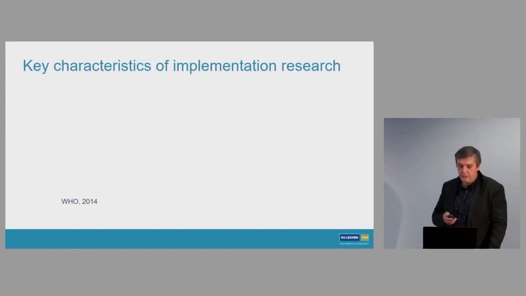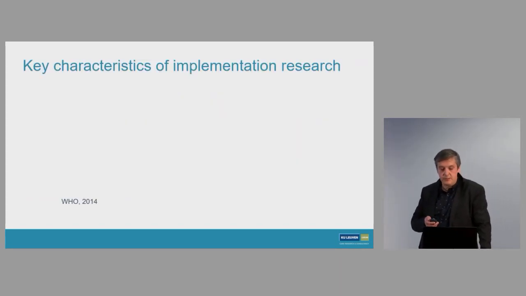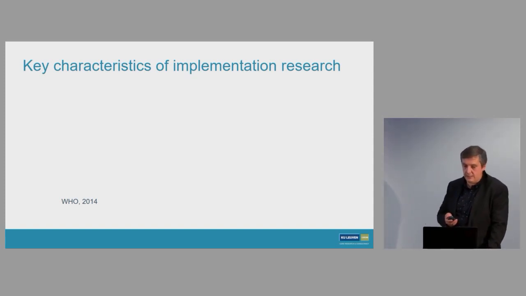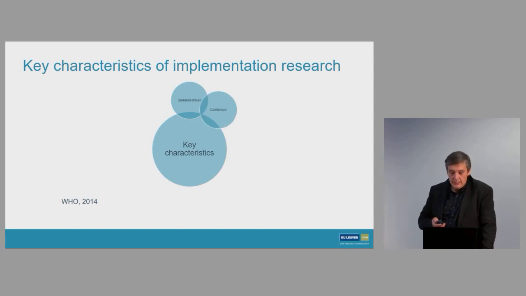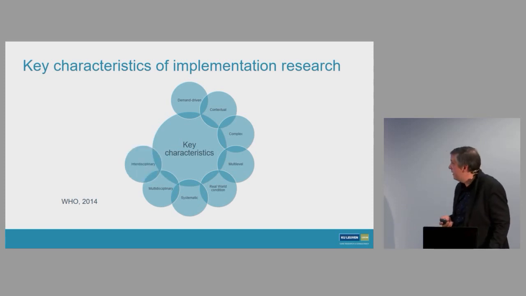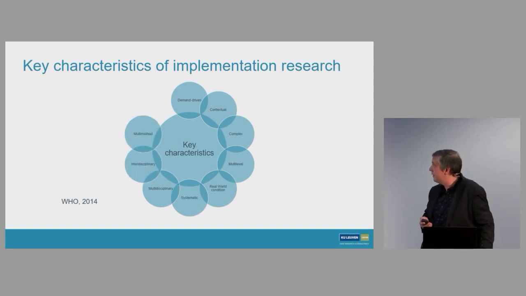If you are doing implementation research, you have to take into account some specific characteristics of this paradigm or this approach. It is demand-driven. It is contextual. It pays attention to the specific contexts. It's complex, it's multi-level, it's in a real-world context, it's systematic, you can also see it's multidisciplinary, it's interdisciplinary, it's multi-method, and it's participatory.